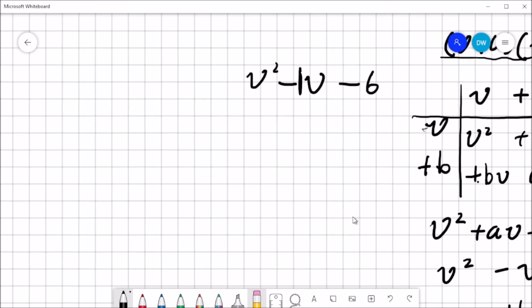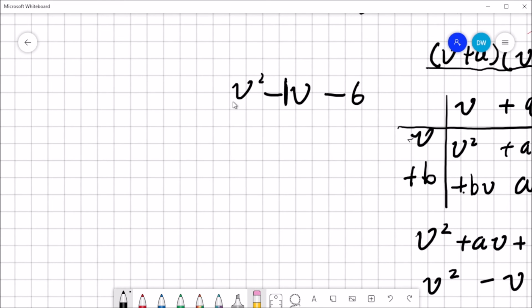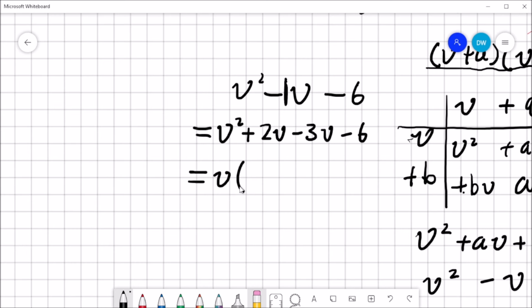Now, if we go back to our original, then we can write it as v squared plus 2v minus 3v minus 6. Okay, so to factor things out, the common factor in the first half is v, obviously. So v, and what's remaining is v plus 2. And then the common factor between these two is negative 3.